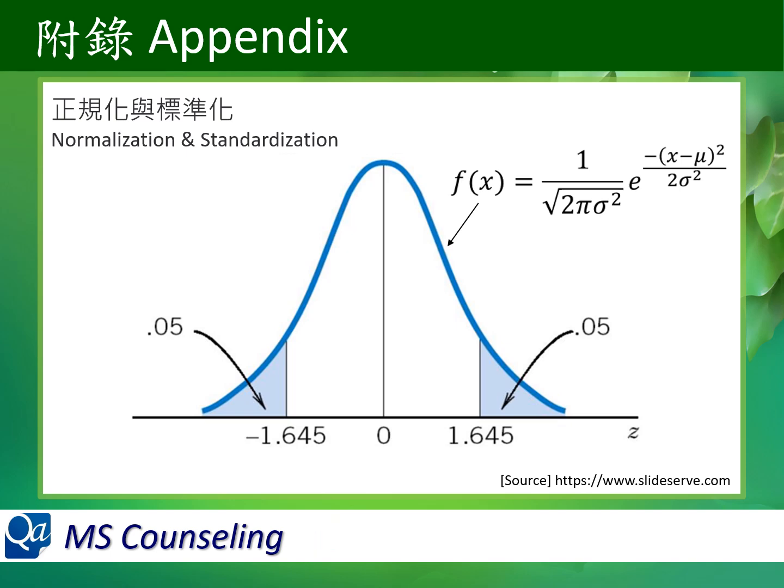As an appendix, the normalization of the normal distribution, also known as the Z transformation, or the Z-score mentioned earlier, is for the convenience of knowing the probabilities simply by looking up the table, as shown in the figure. The area below the curve and the horizontal axis is 1, which means 100% probability, while the area to the left of Z equals minus 1.645 is 0.05, and the area to the left of Z equals plus 1.645 is 0.95.